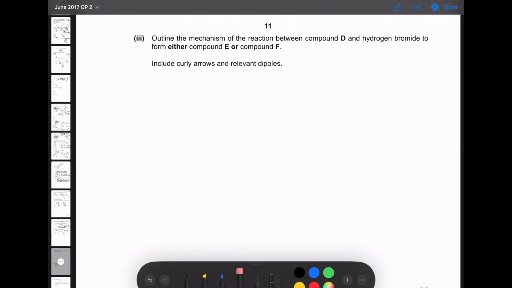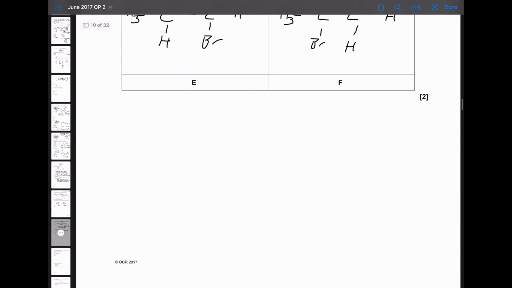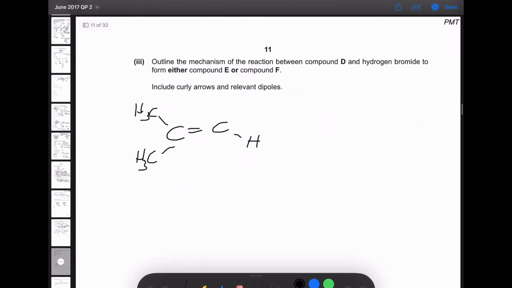Outline the mechanism of the reaction between compound D and hydrogen bromide to form either E or compound F. Well, we've got C, double bond C, CH3, CH3, one hydrogen and CH2, CH3.